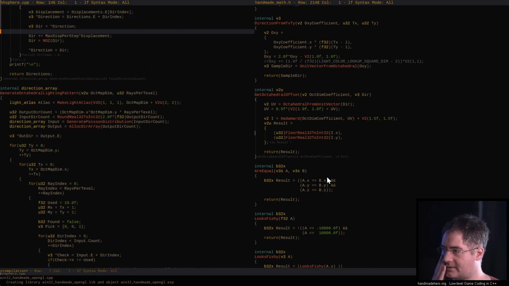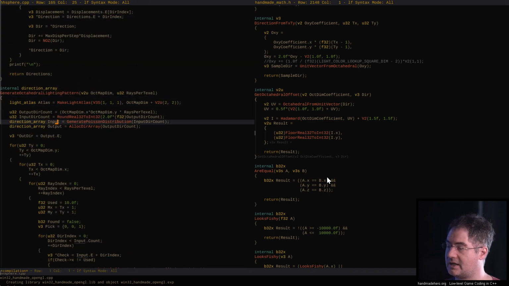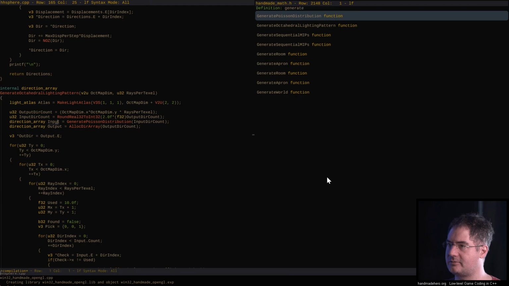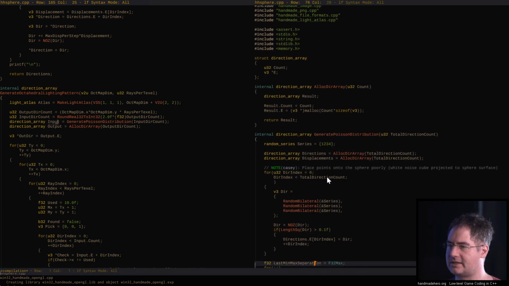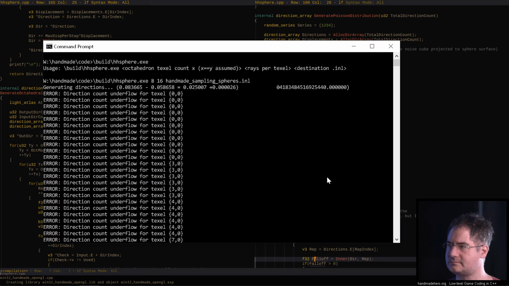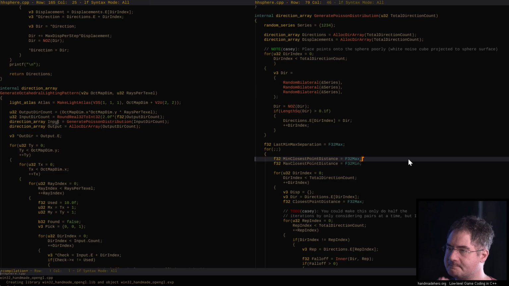Is there something I'm missing here? We call generate process on distribution with input dir count. So, what am I missing? I'm definitely missing something.